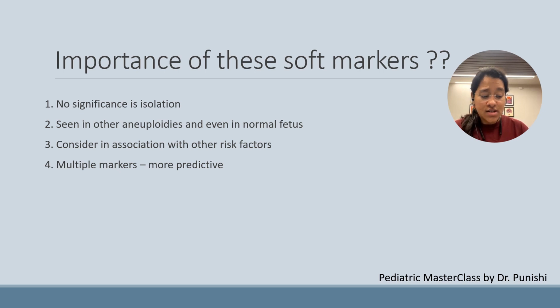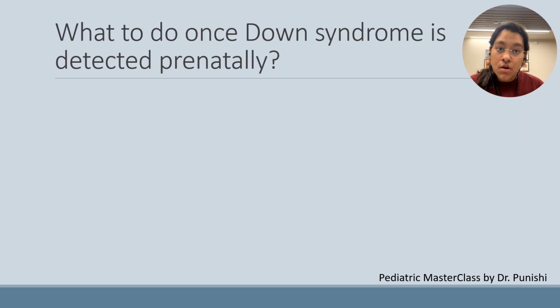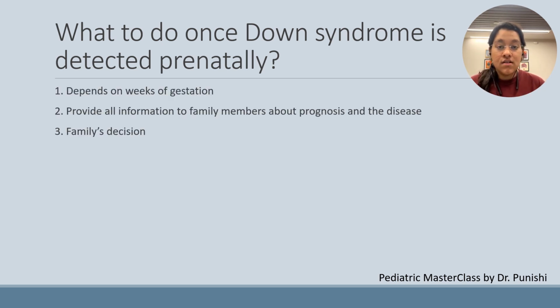So the last question that comes is, what do you do once you're sure that the fetus has Down syndrome, or you have diagnosed Down syndrome antenatally? So what do you do next? The first thing obviously depends on the weeks of gestation, but now because all the screening tests are done well in time, there's enough time for the parents to decide what they want to do as they move ahead in the pregnancy.